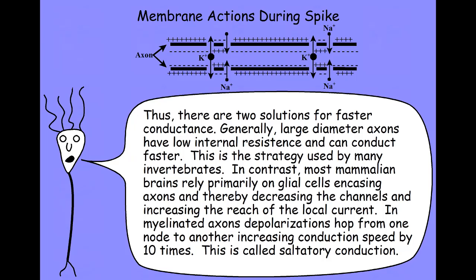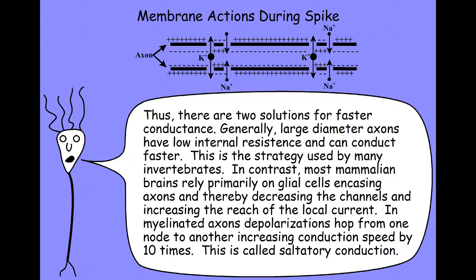So in myelinated axons, depolarization metaphorically hops from one node of Ranvier to another. And that can potentially increase conduction speed by as much as 10 times. And this is called saltatory conduction.